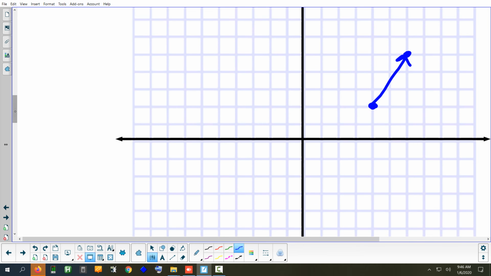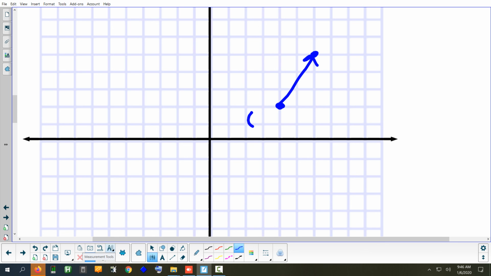Let's write the coordinates. What's the coordinates of the initial point? 4, comma what? 2.